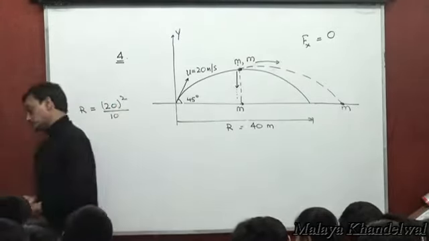Now, if Fx is 0, it means even when they fragment, the center of mass will have the same displacement in the x direction. I claim that while this goes down there, this goes down here, the center of mass must still fall here.